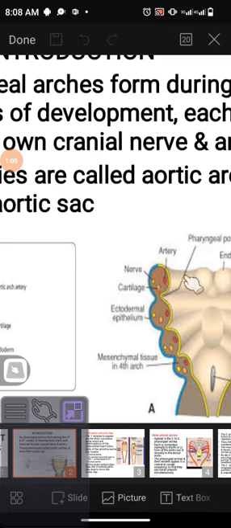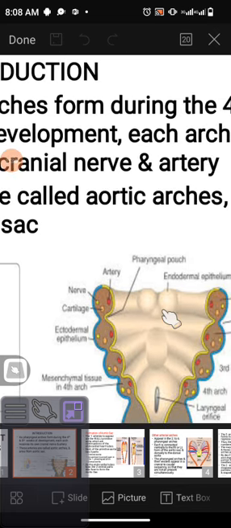And this is the pharyngeal arch. This is the pharyngeal pouch, this is the pharyngeal cleft. This pharyngeal pouch is formed from the endoderm, the cleft is formed from the ectoderm, and the arches themselves are formed from the mesoderm. These are the arches, the ones in between. Okay.